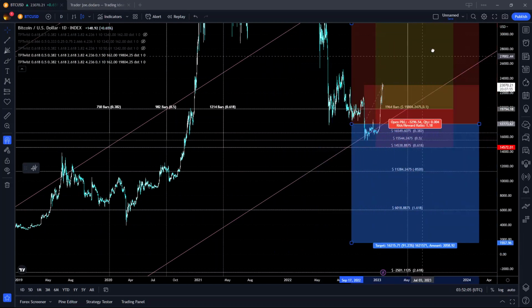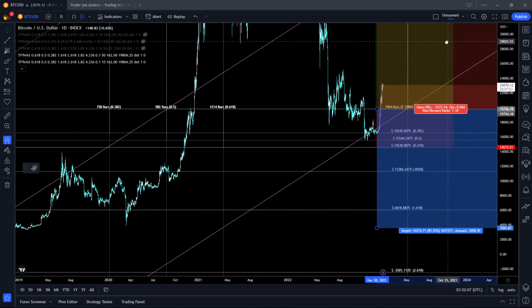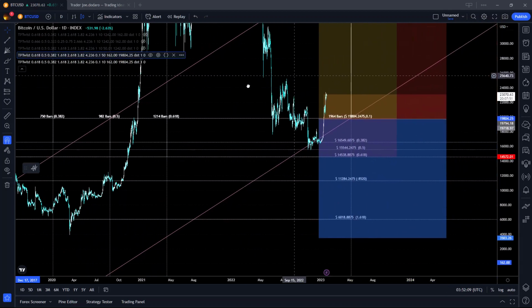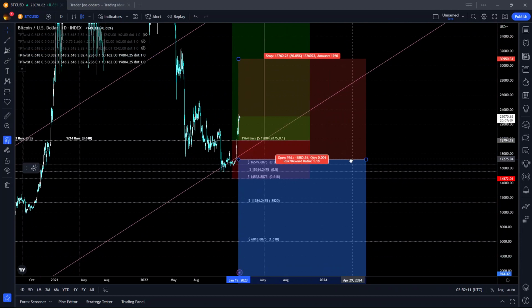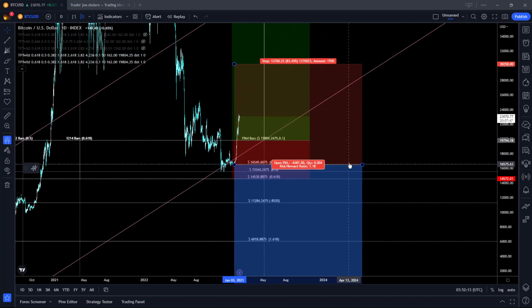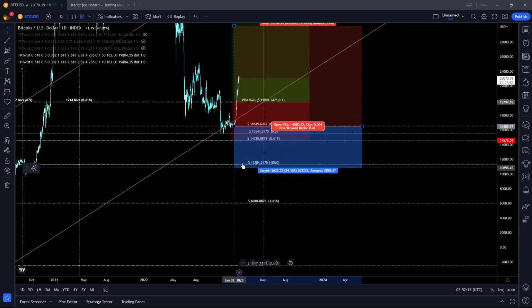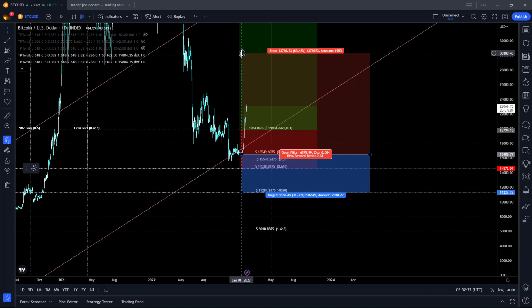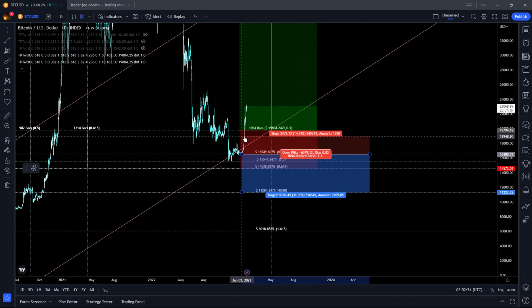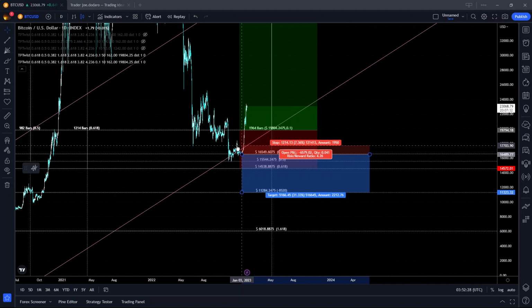Now, if we had this here, it's just the same way if we were below the 1-by-1 here, and then we were getting weak, let's say we were below here, we could be taking a number like this 11,000 and setting a 4-to-1 here. It's going to be a little tighter.